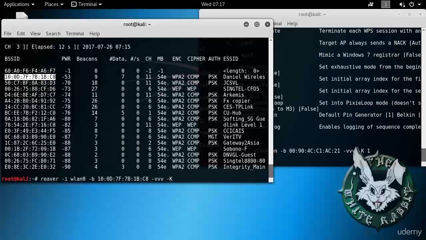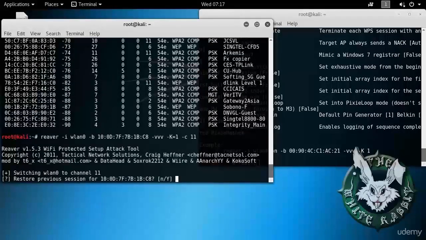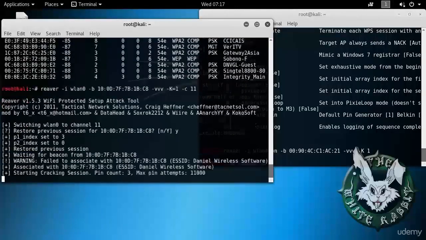And here's where we bring in the pixie dust attack. Even as we're gathering data with reaver, we'll be using the pixie dust attack to analyze it. So -K 1. And then we know it's channel 11, so -c 11. There was a previous session that I had been trying earlier, and we can just restore it. I just started for a few pins. So yes.